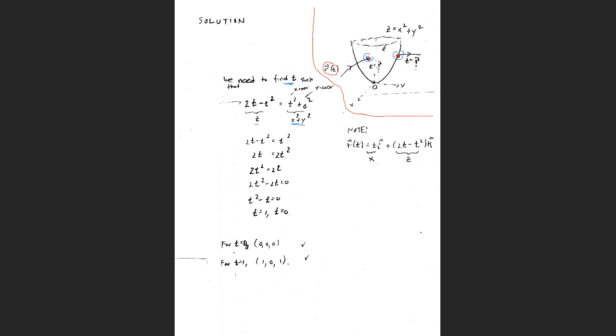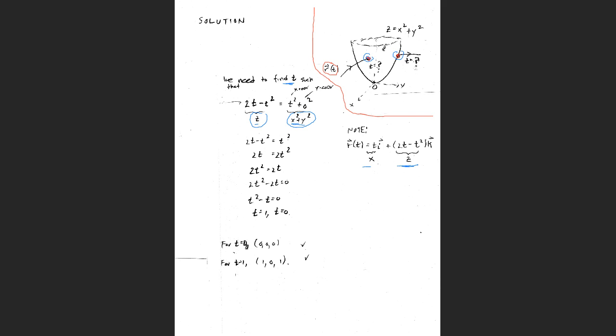But at the points of intersection, the x and z components of the space curve have to obey the paraboloid, and the paraboloid says that z equals x squared plus y squared.